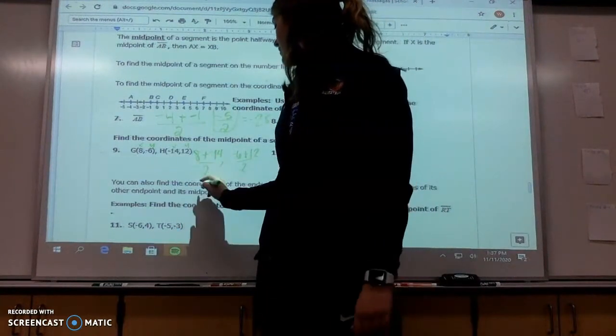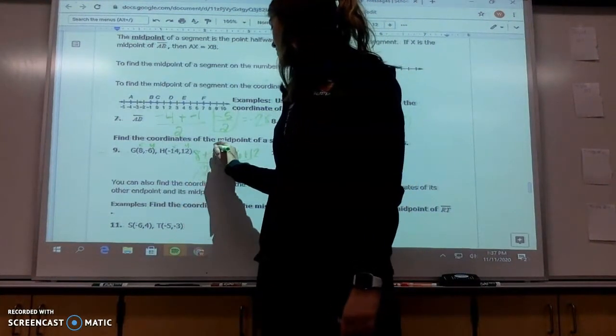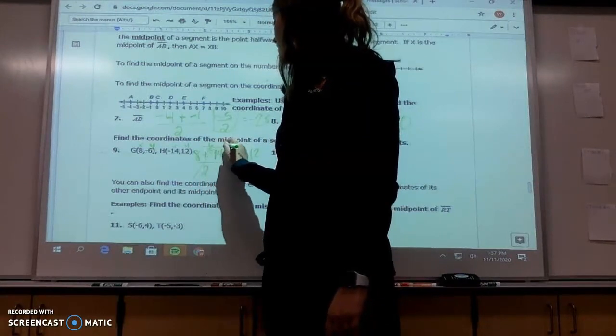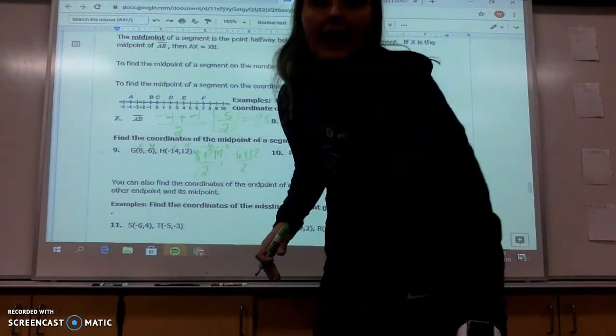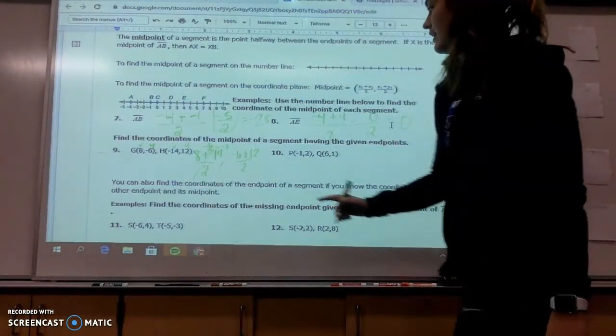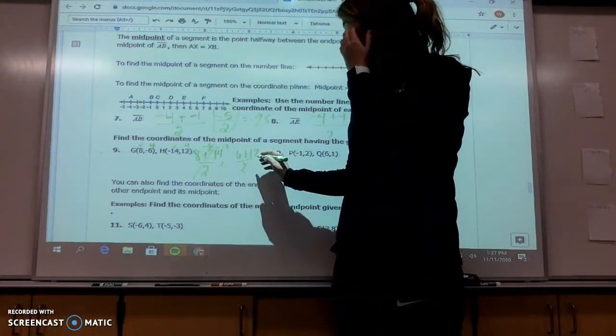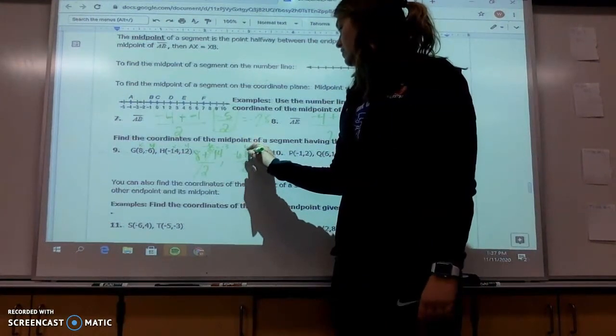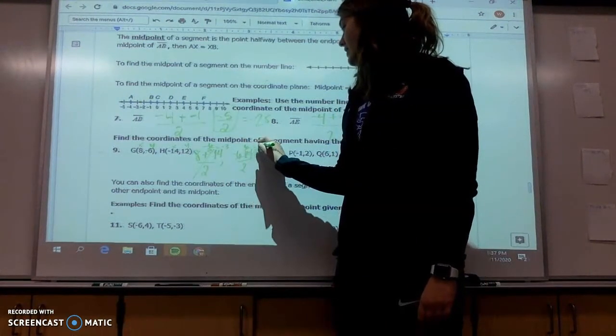So that's negative 6 over 2. This gives me the answer of negative 3. Okay? And then my next one, negative 6 plus 12 is positive 6 over 2. That gives me the answer of 3.